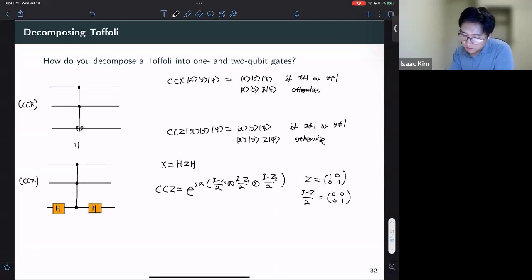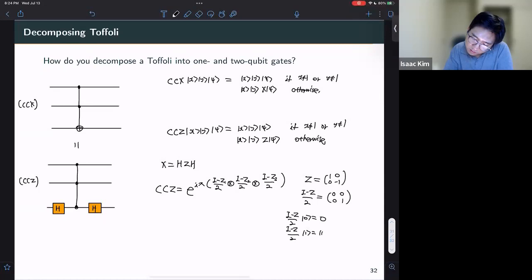So this thing, I minus Z divided by 2, returns a value of 1 if the state is the 1 state. But if it's applied to the 0 state, then it just annihilates that state.